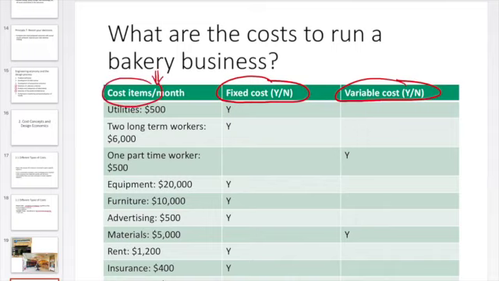The first column. First, utility cost, like the bill you pay every month for the electricity, the water, the garbage. Let's say that utility cost is $500 per month. Be careful, these are costs per month.